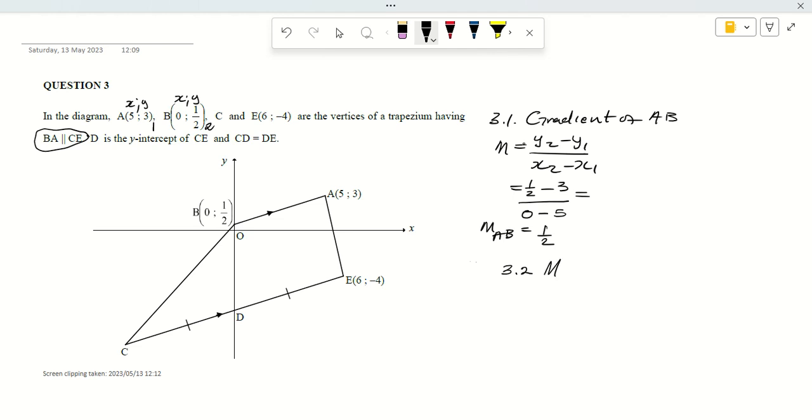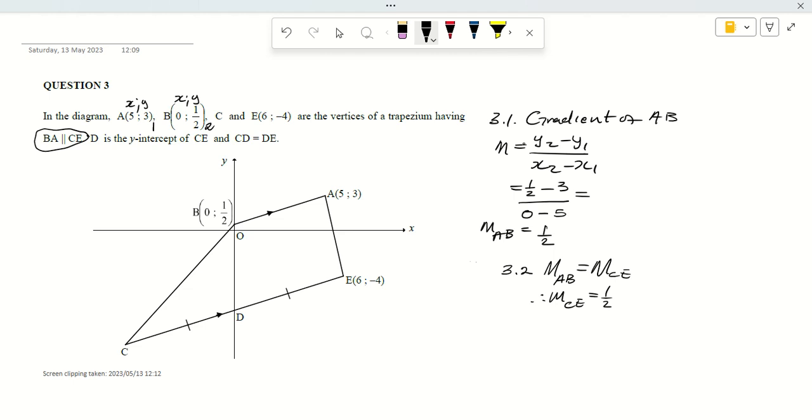So meaning that the gradient of AB is equal to the gradient of CE. So meaning if we found the gradient of AB as 1 over 2, therefore the gradient of CE is also 1 over 2.